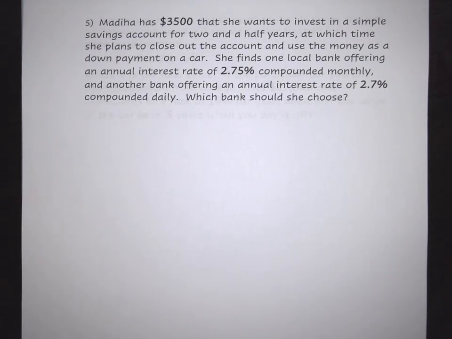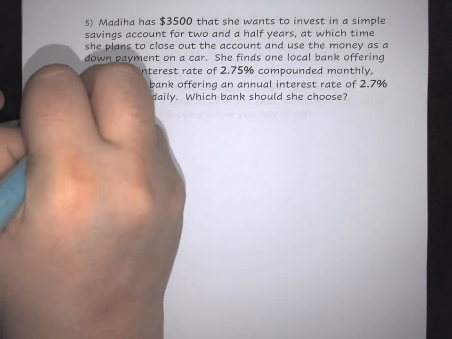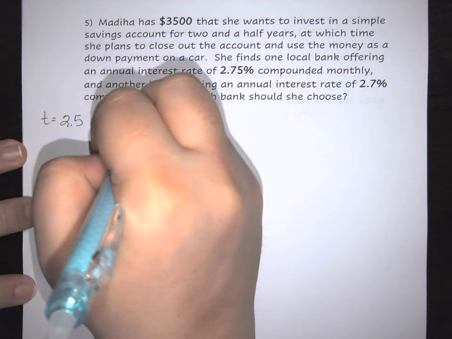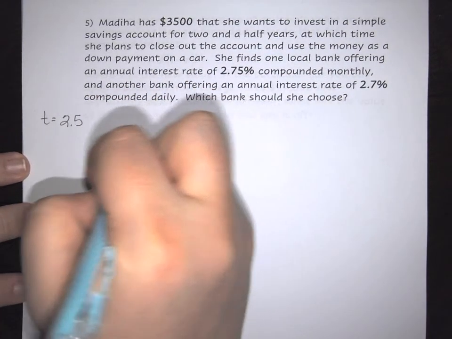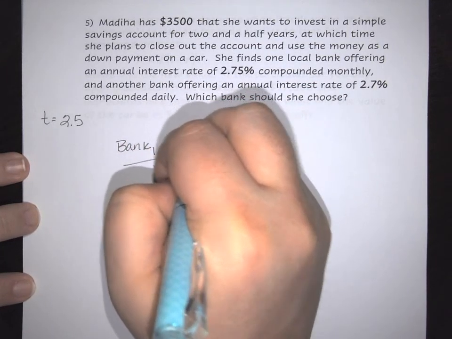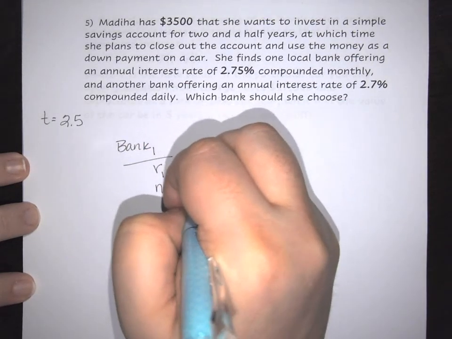So let's say you have $3,500 that you want to invest into a savings account for 2.5 years. So first and foremost, we know that T is going to be 2.5. Essentially, you find 2 accounts. So we have Bank 1, and in this case, Bank 1 is offering a rate of 0.0275, and it is compounded monthly, which means 12.